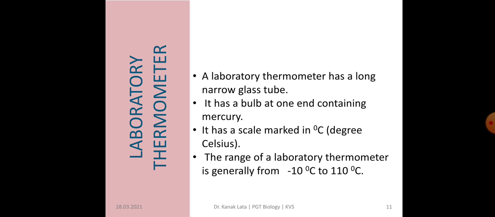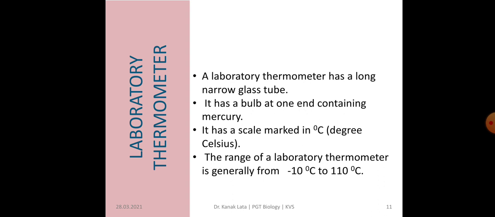But the difference is the range of temperature, up to what extent it is measured. The range of a laboratory thermometer is generally minus 10 degrees Celsius to 110 degrees Celsius.